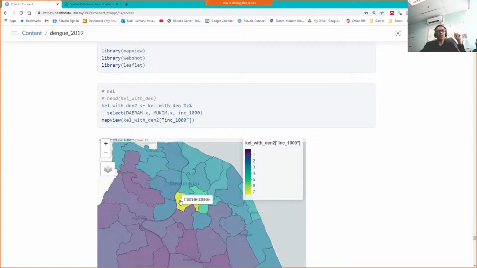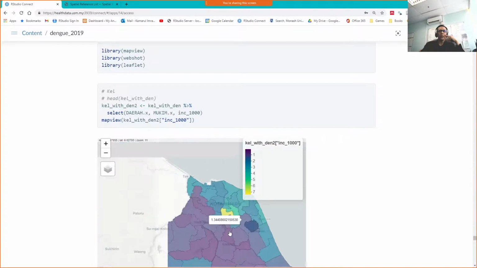This area has 7.4 per 1000 population, and this one is 5. The rest are 3, 2, 2, 1, 0. Okay, 3, 3, 3, 3, 2, 3.